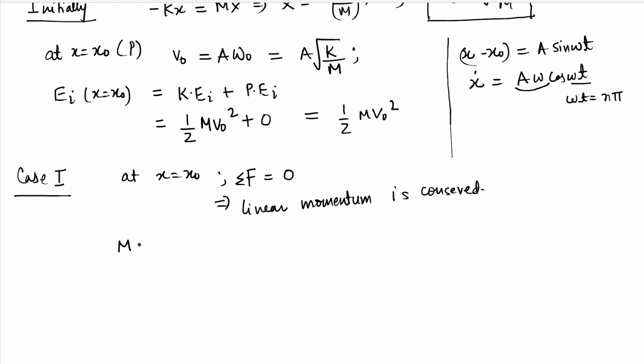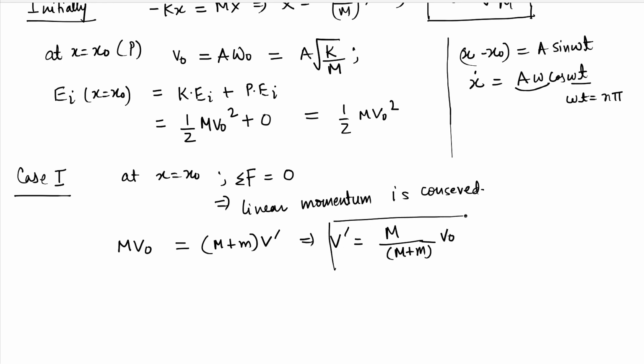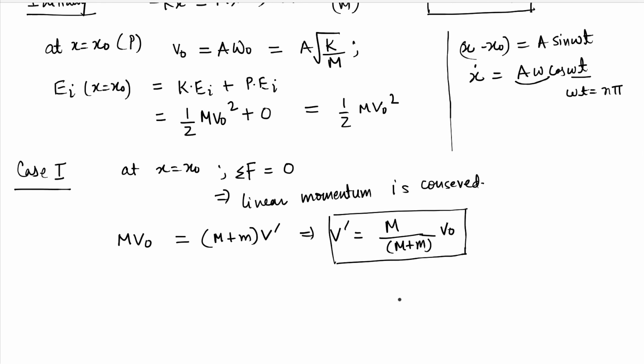It is m v0, and the final momentum m plus m v prime, right? Therefore, v prime will be m by m plus m v0. So this is the velocity right after we place another mass m on top of the bigger mass, right?